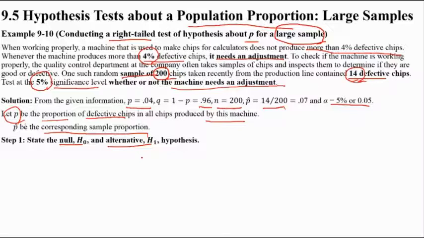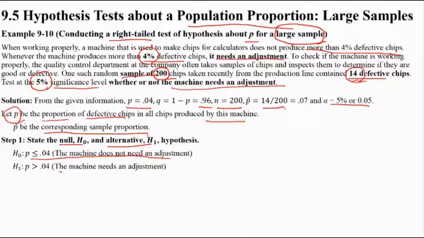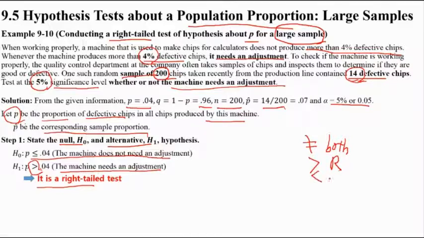They said no more than 4%, so the null hypothesis should be less than or equal to, and the alternative, which needs adjustment, should be bigger than. One more time: different means both tails, greater means right tail, less means left tail. So this greater is a right tail test.